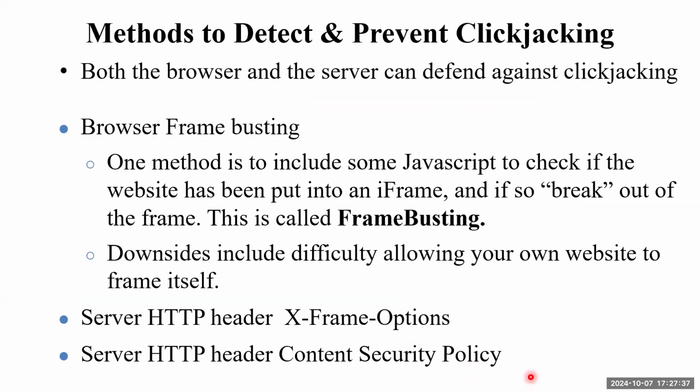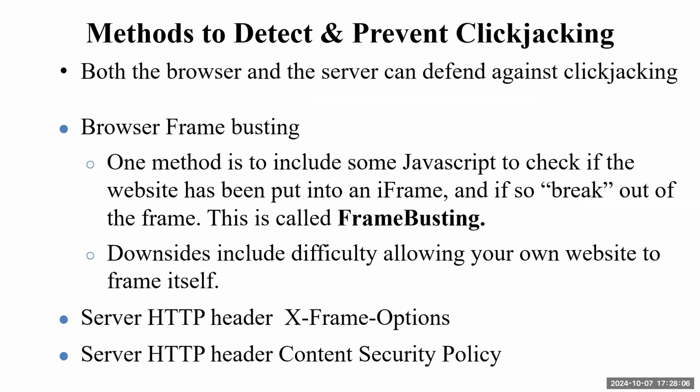There are ways to prevent this. There are things you can do in the web page to keep it from being hijacked, and things you can do in the server to defend against it. There's something called frame busting. Frame busting is something you'd put in your JavaScript to check and make sure that you're not in an iframe. In other words, the problem occurs when a safe web page is being represented in an iframe of another web page.